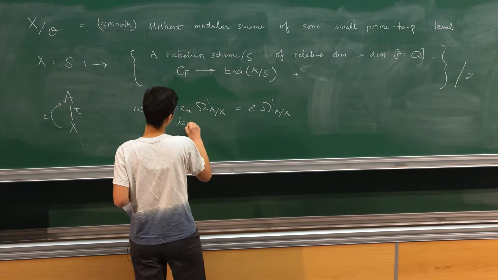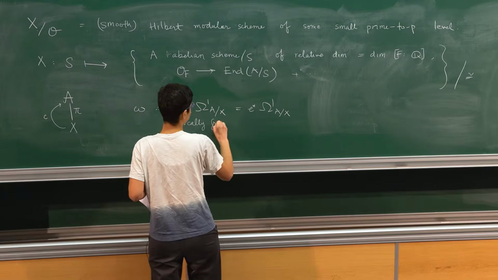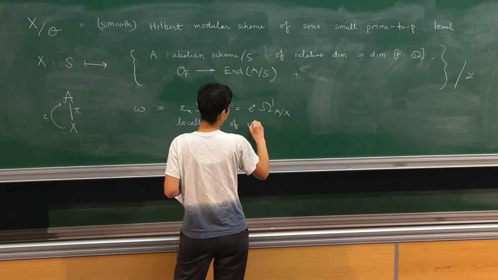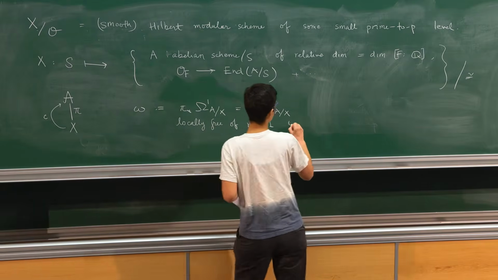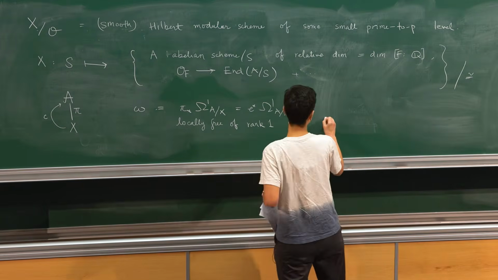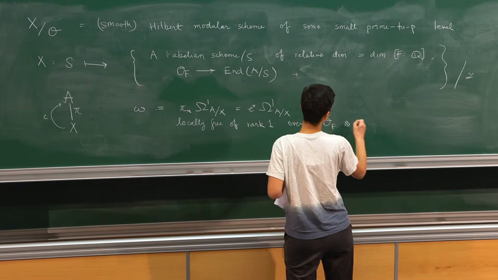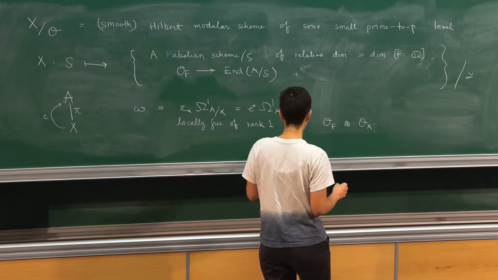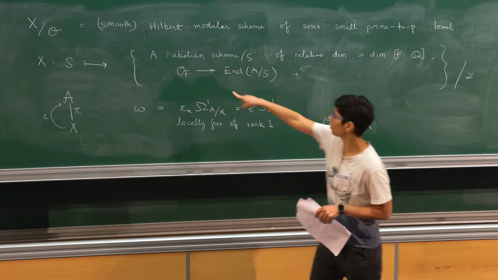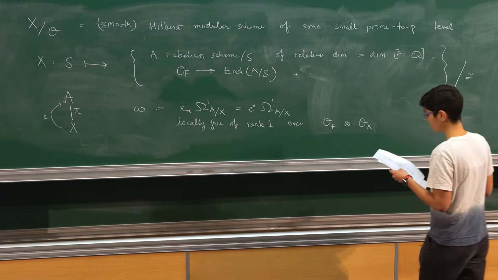And this is locally free of rank 1 over the ring OF tensor the structure sheaf of X. And this OF action comes from the action of OF on the abelian scheme.